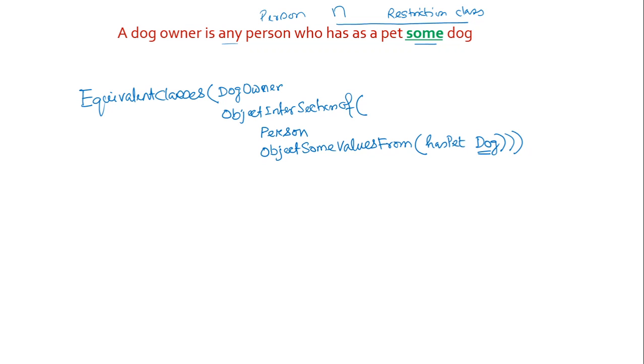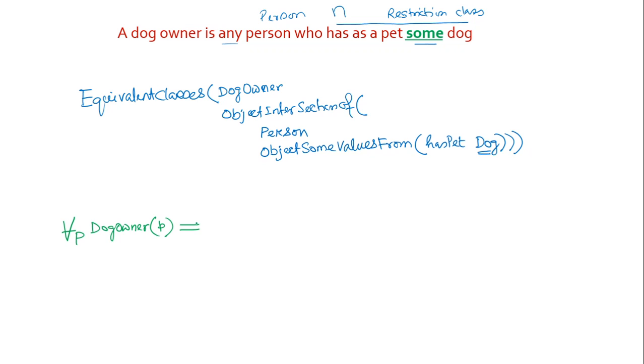Now, what will be the corresponding first order logic representation for this? For all p, p is a dog owner.